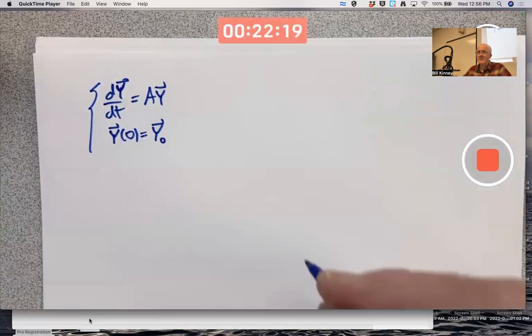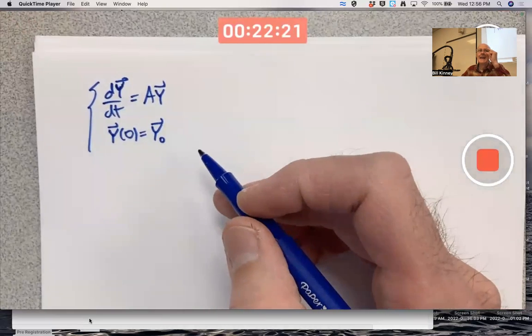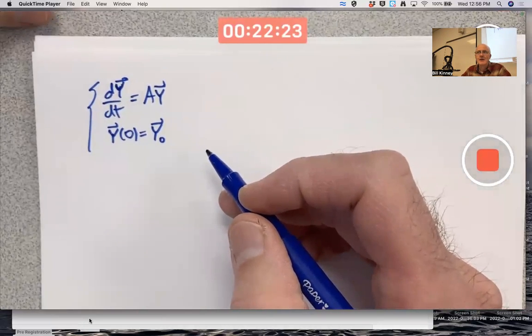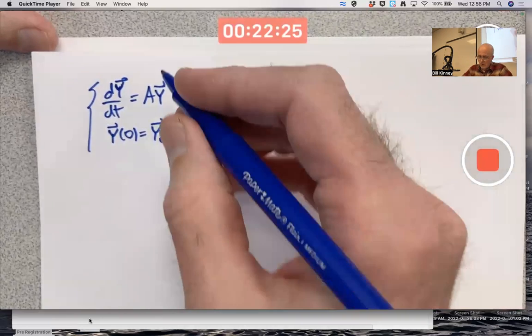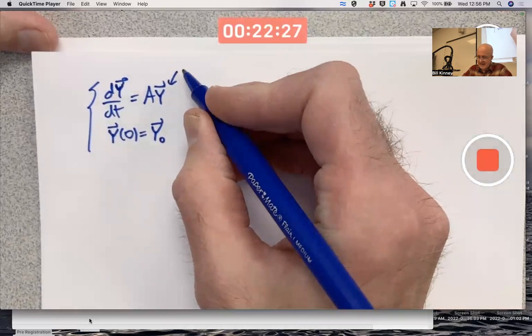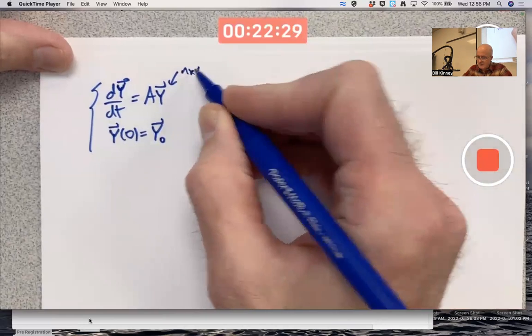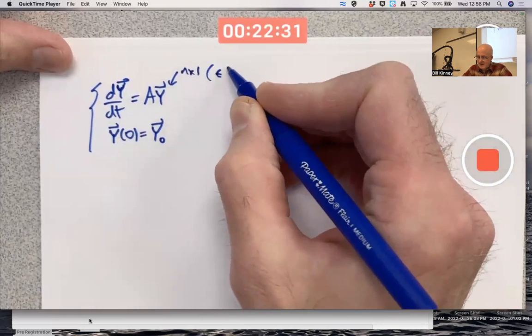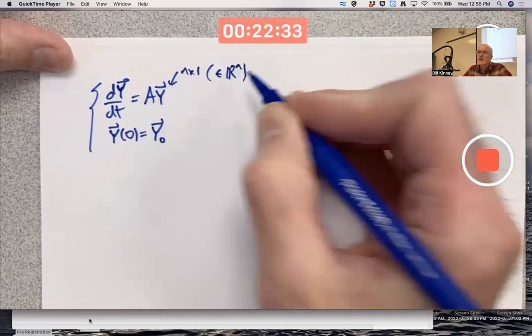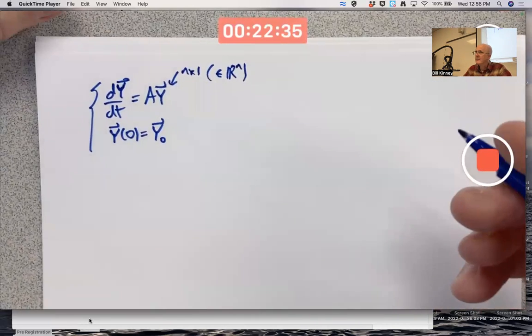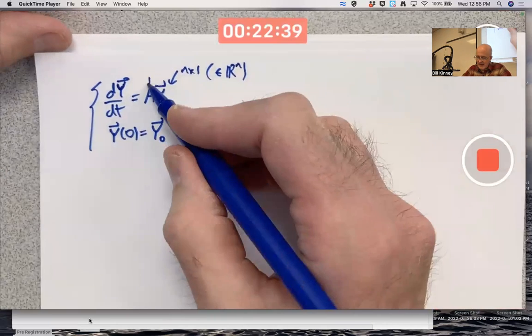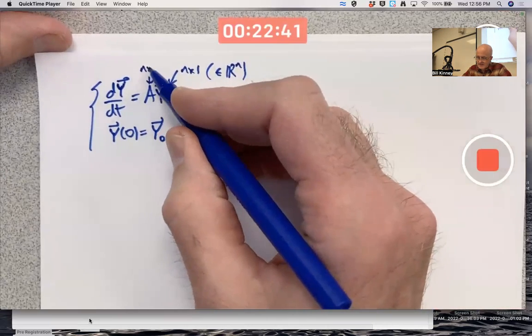What I'm about to write applies in any dimension, in fact. Y in general could be an n by 1 vector, in other words, an element of R^n, where n is an arbitrary positive integer. A then would have to be an n by n matrix.